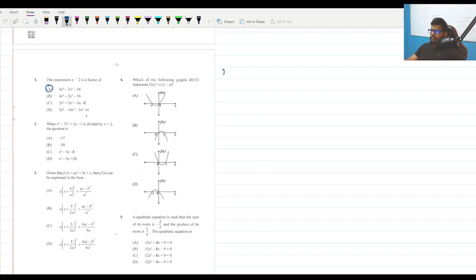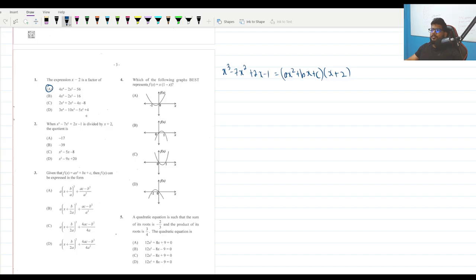So I have x cubed minus 7x squared plus 2x minus 1 is equal to some quadratic ax squared plus bx plus c multiplied by the linear factor x plus 2. Now, remember in one of the videos before, I told you all there's a trick when you're multiplying brackets.